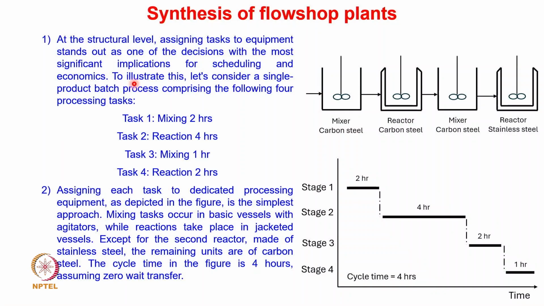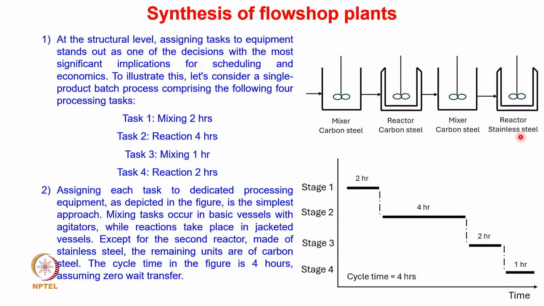Let's say there are four tasks. The first task is mixing, which takes place for 2 hours. Then task 2 is where the reaction is occurring. In task 3, again mixing occurs, and in the last task the reaction occurs for 2 hours.